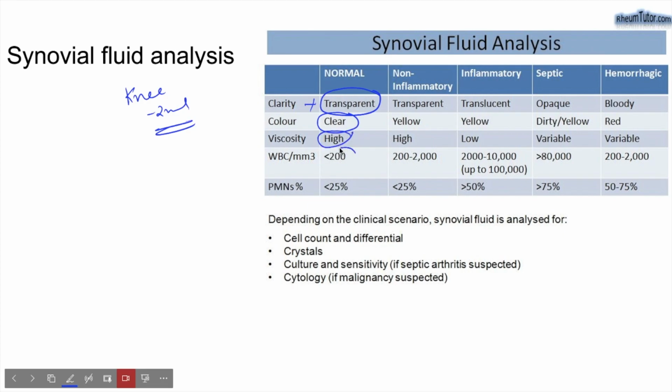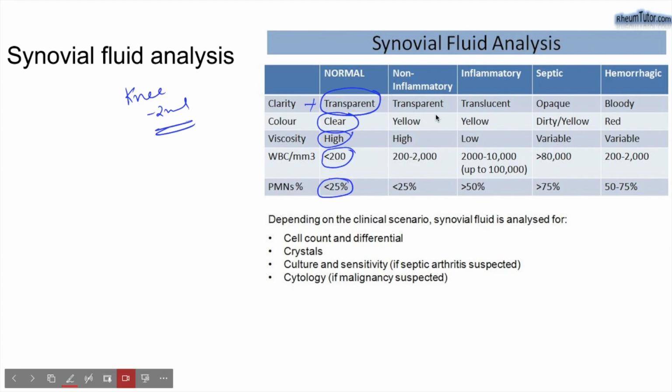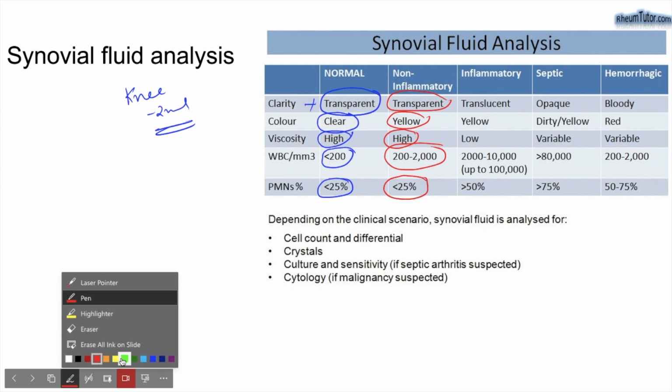The WBC count per cubic millimeter is less than 200, and less than 25% are polymorphonuclear cells. In non-inflammatory pathology, it is clear, yellow in color, the viscosity is still high, the WBC is 200 to 2000 per cubic millimeter, and polymorphonuclear cells are less than 25%.